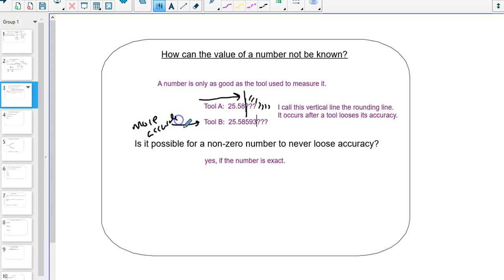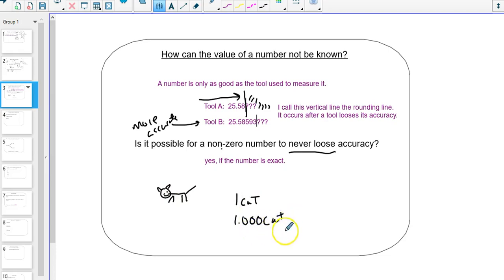Accurate. Okay? Is it possible for a non-zero number to never lose accuracy? Well, the answer is yes. For example, I have my cat. I only have one cat. His name happens to be Fatty. That means I have one cat, or I have 1.000 cats.